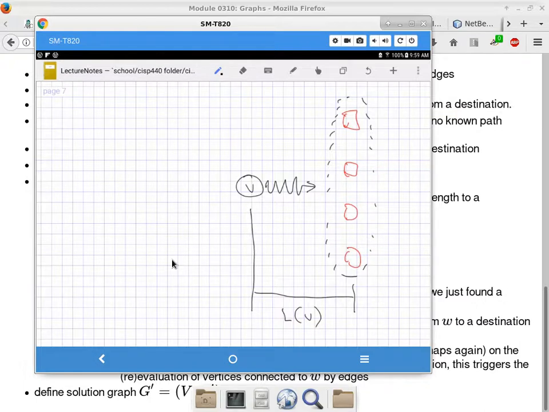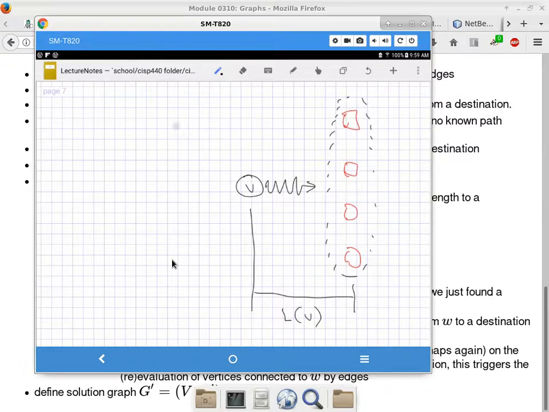Is that okay? So L of V is the length of the known shortest path from vertex V to the closest destination. Is that subject to change later on? Maybe, but at this point, this is what we know. So now we have a whole bunch of W's.